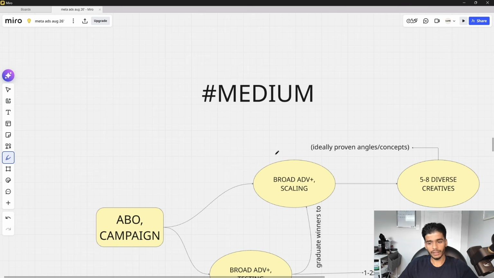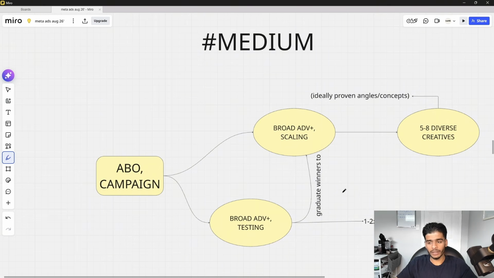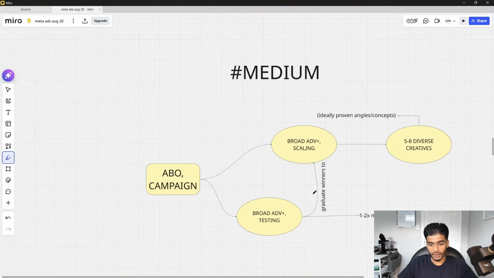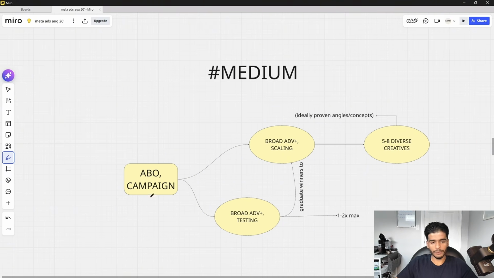Now you have made some money and you are spending $500 to $1,000 a day. Medium, how would I treat that? It's still a small ad account in our terms, so the structure doesn't look complex, but you are still gonna go for an ABO campaign and you are gonna have a broad scaling Advantage Plus ad set, or you can have a lookalike like last time, and you are gonna give the majority of your budget to this ad set.